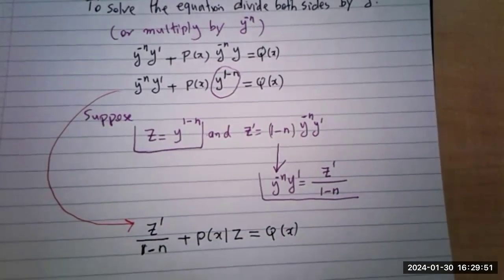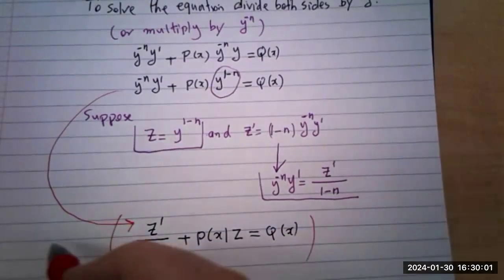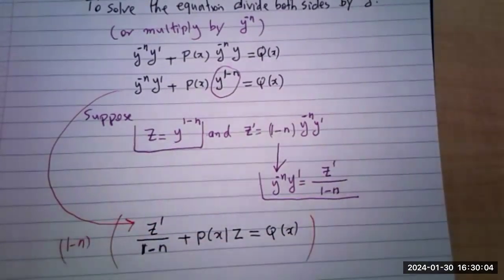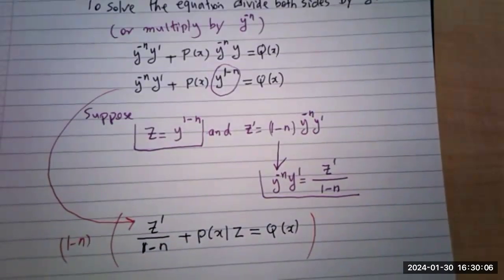Okay. Now let's multiply both sides by 1 minus n to get rid of this number here. So if you multiply both sides by 1 minus n, what's going to be the result now?